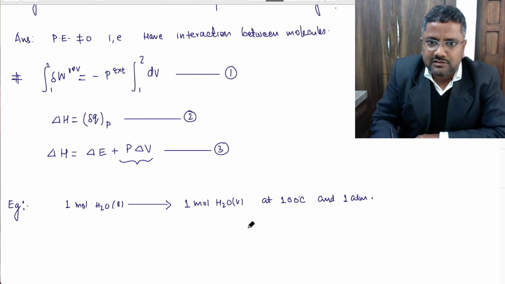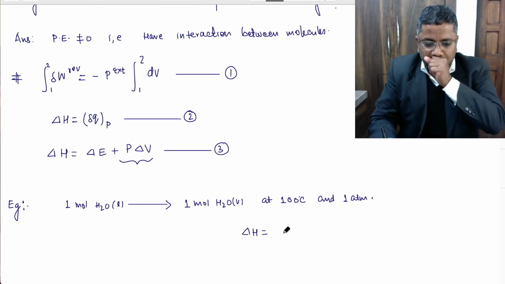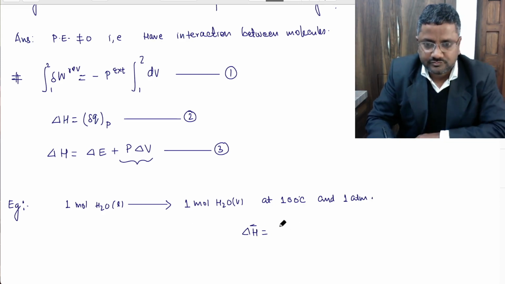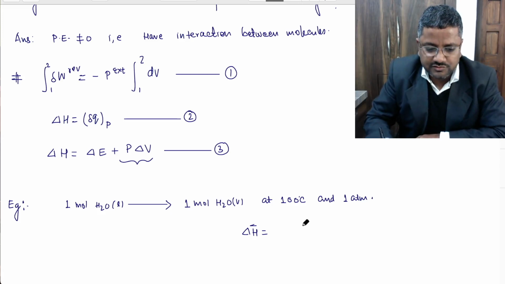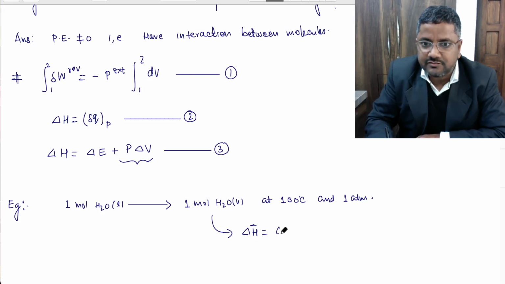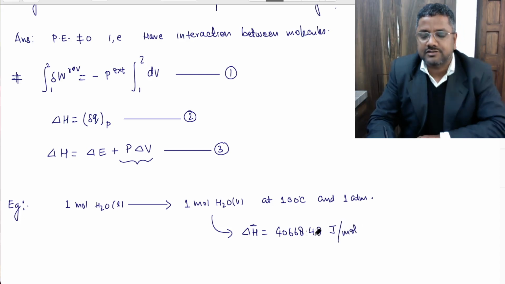And the other parameters given: delta H for this process is 40668.48 joules per mole, right?